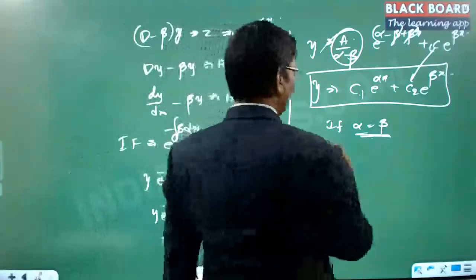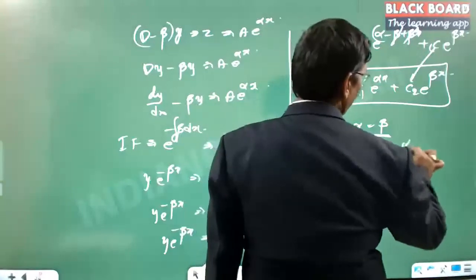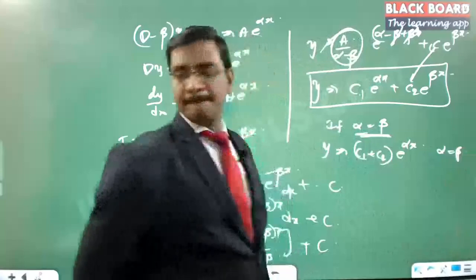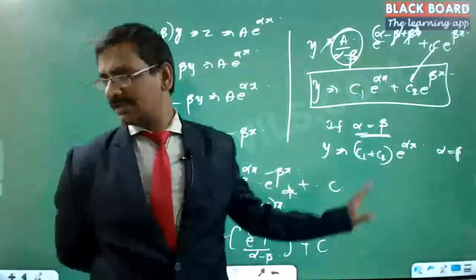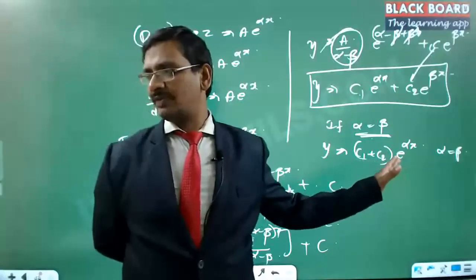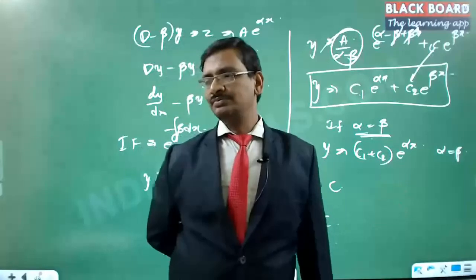Or can I say that if alpha equal to beta, c1 plus c2 times e power alpha x, can I call this the solution? That is the question. Yes or no?